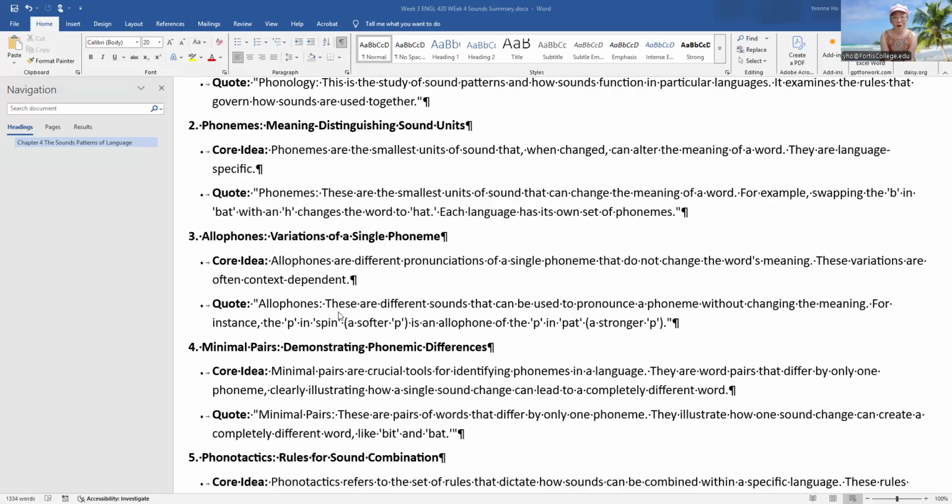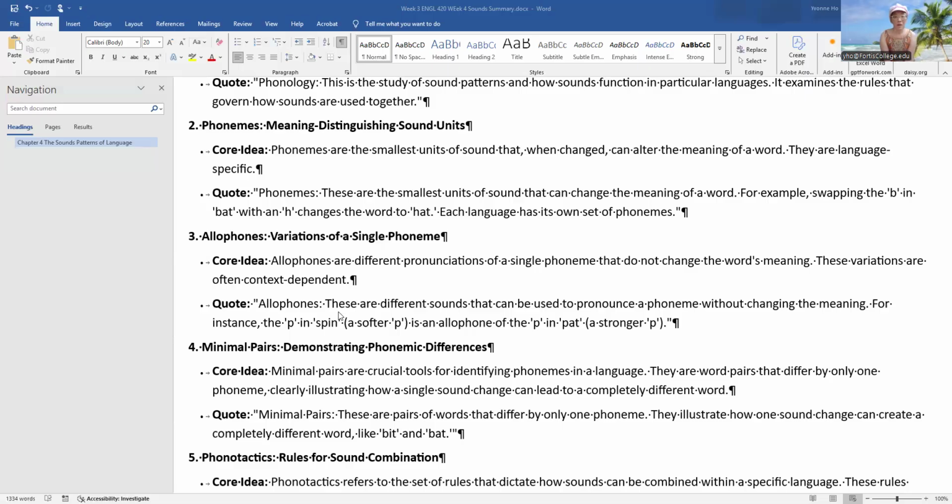B, p, k. Allophones, variations of a single phoneme. So a single phoneme like P, you could say P, or you could say spin, or bin, ba, or you could say s, z. So for instance, if I say buses or switches, all of that has to do with S. And so when a single sound has many variations of how you pronounce it, that's an allophone.